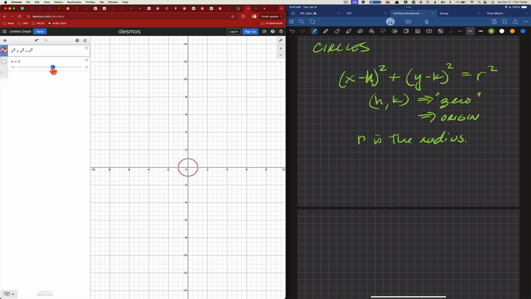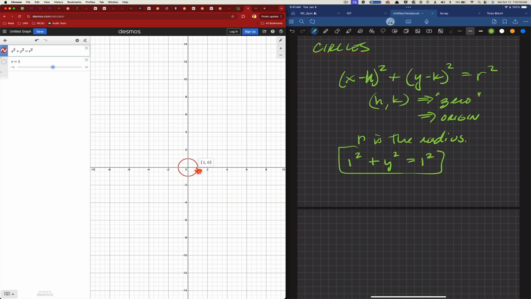So imagine, let's say that again. If I put 1 in for x, what does y have to be for this equation to be true?